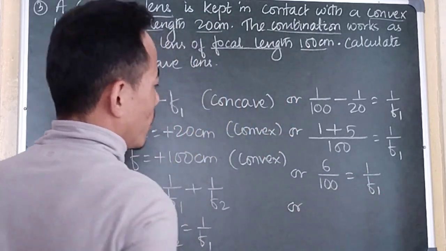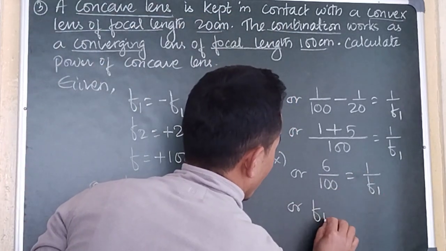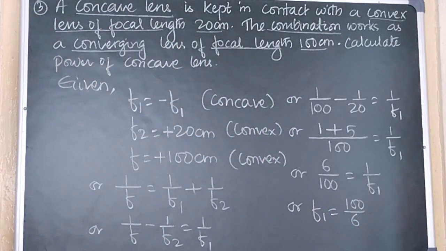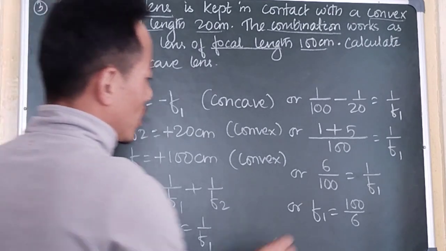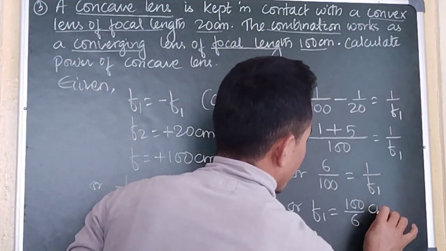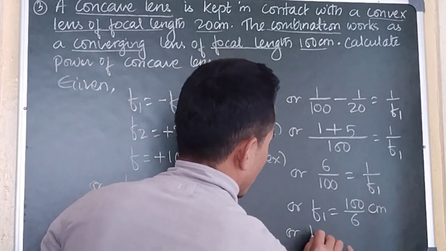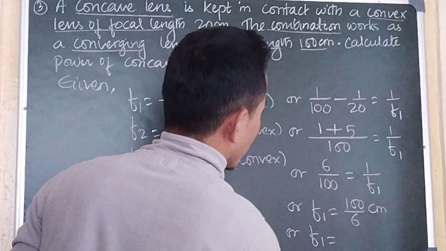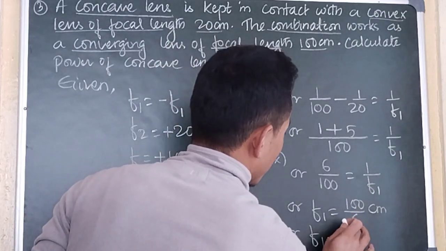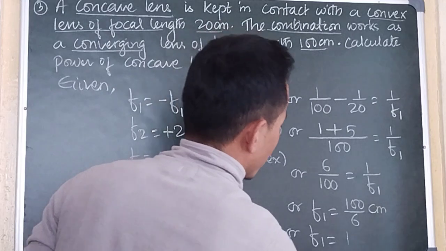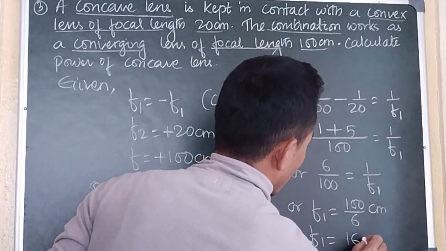If you do the cross multiplication, f1 will be equal to 100 divided by 6. I hope we have done it correctly. Now you can divide this. It will be in centimeter itself.